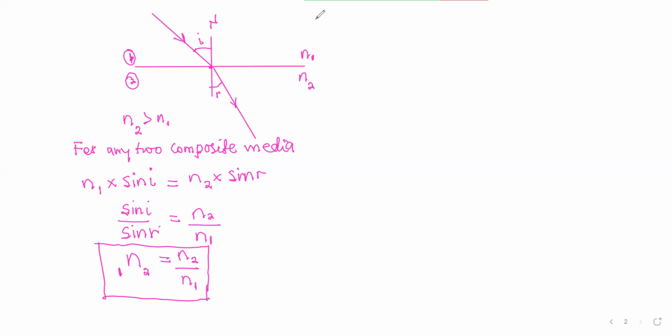Yesterday, we also saw that for any two media, the product of the refractive index from 1 to 2 and its reverse refractive index from 2 to 1 is equal to what?